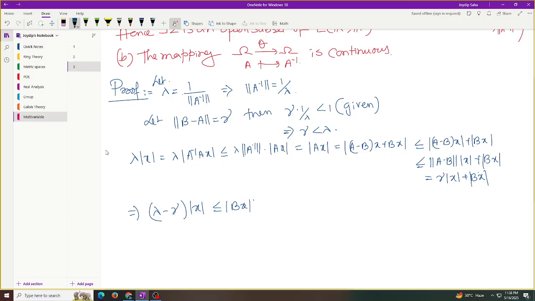What is this for x belonging to R to the power n? This is positive because of the star.